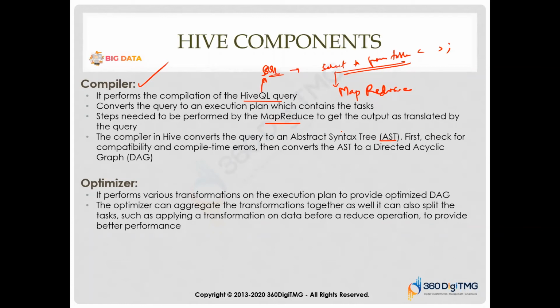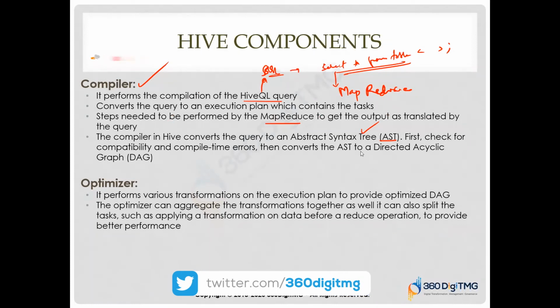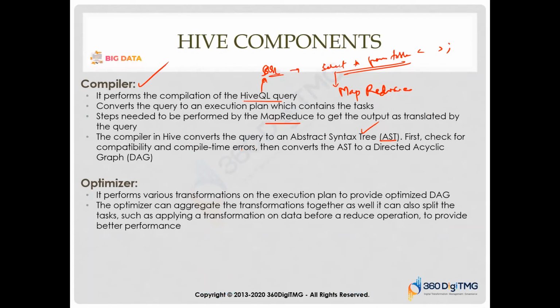It's like a flow diagram, abstract, what needs to be done. And this AST, which gets created, is analyzed for compile time errors, whether it is compatible or not, and then you try to compile it so that you can find the errors.